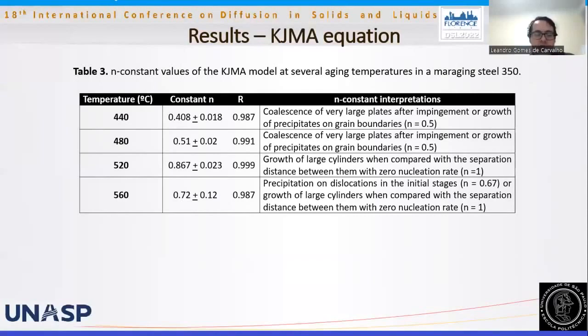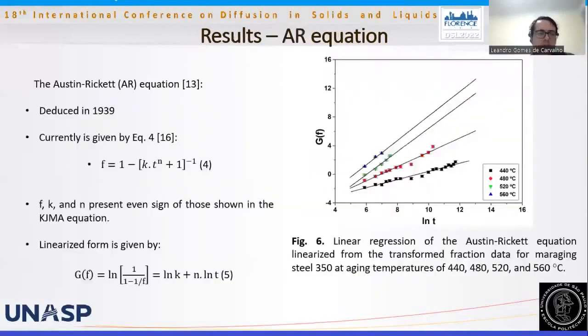The comparison between the models of KJMA and Austin-Rickett is opportune. Another kinetic equation was proposed by Austin and Rickett for analyzing the decomposition kinetics of austenite in steels back in 1939.